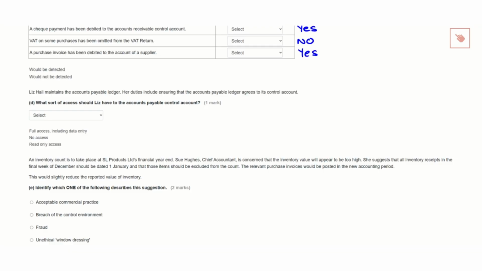And the correct answer here is read-only access. Liz Hall maintains the accounts payable ledger and reconciles it to the control account. To maintain segregation of duties and prevent fraud, she should only have read-only access to the control account. She should not be able to make entries to it.